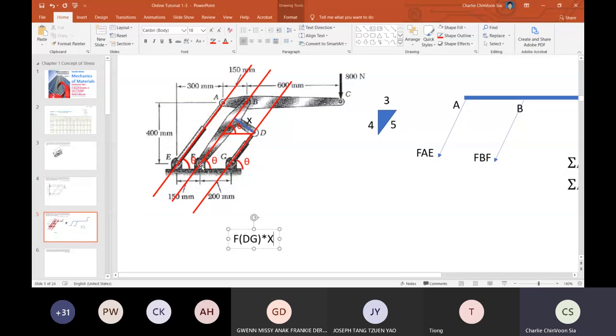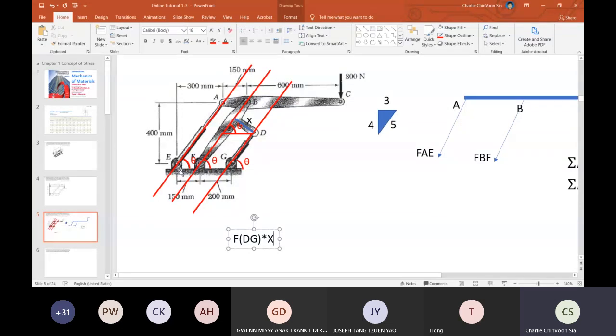Is it clear? Okay, and then we have the AE section. For the AE section, you just need to get the vertical force for the FAE and then multiply with 150 mm.